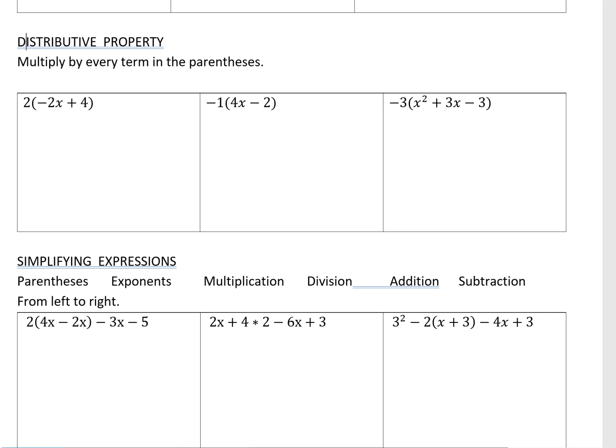Okay, so distributive property is the next thing on simplifying expressions that we end up doing a lot of. So distributive, this just means two of these. Okay, so we're going to distribute, we're going to multiply both of those by 2. So this becomes negative 4x and then plus 8.